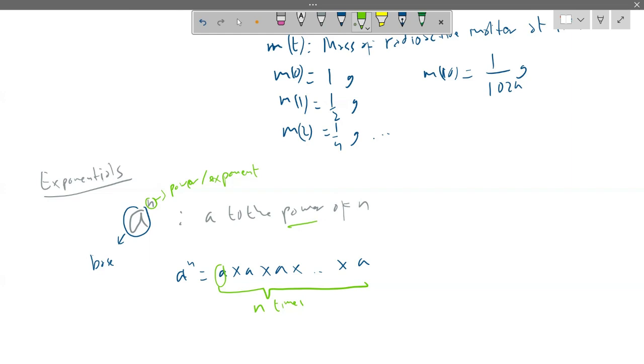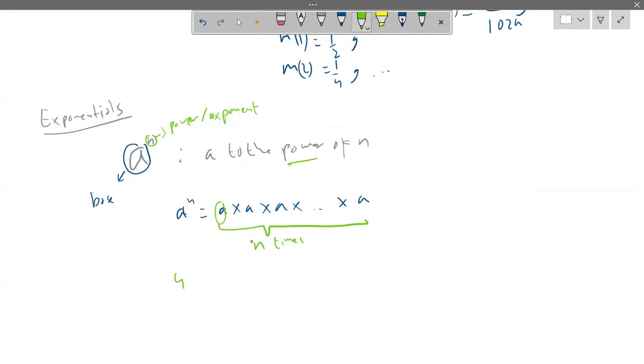Just to be a little bit of a pedant. So a to the power of n means a repeated multiplication where the number a, or the base, appears n times. For example, 4 to the power of 3 is equal to 4 times 4 times 4, which is 16 times 4, equal to 64.